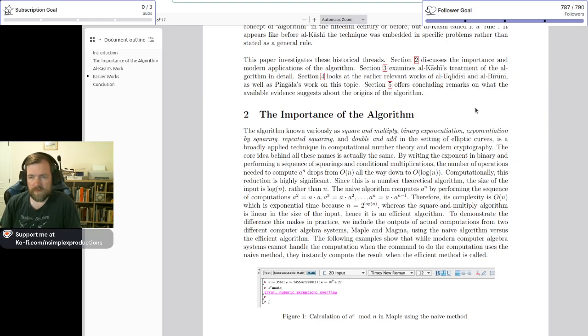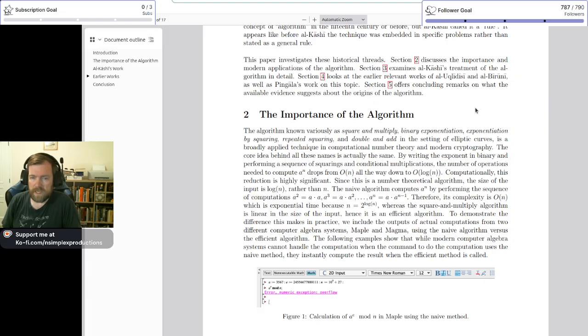By writing the exponent in binary and performing a sequence of squarings and conditional multiplications, the number of operations needed to compute a^n drops from O(n) all the way down to O(log n). Computationally, this reduction is highly significant. Since this is a number theoretical algorithm, the size of the input is log n rather than n.